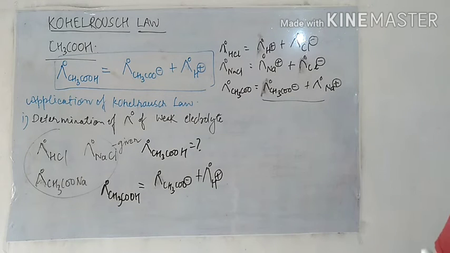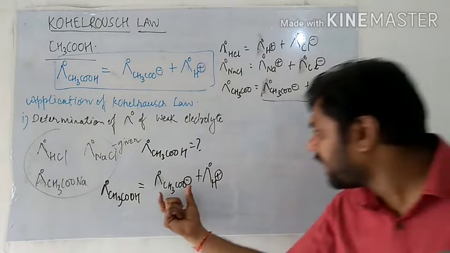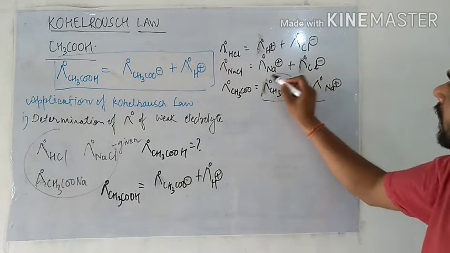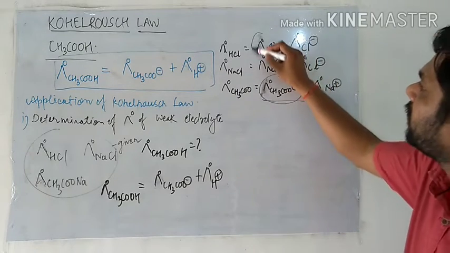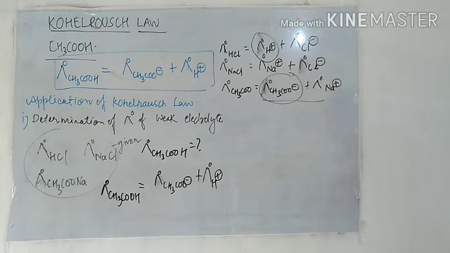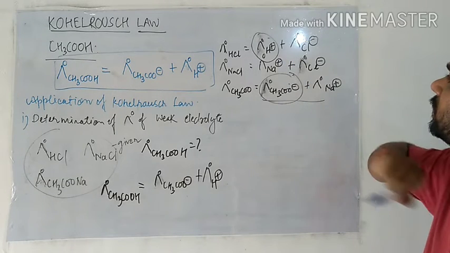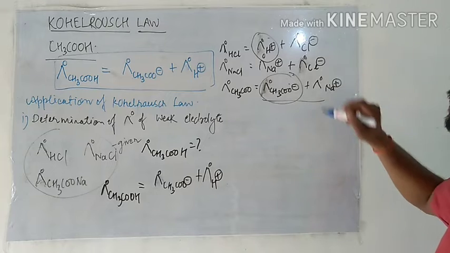Okay, and now we have to find out the sum of the acetate ion and the H positive ion. It means we have to add this one and this one. We can do one thing.